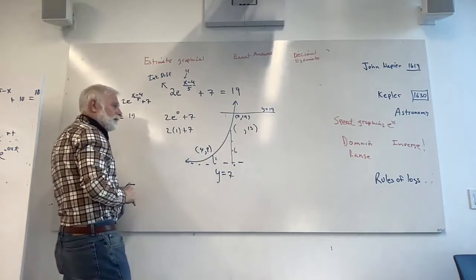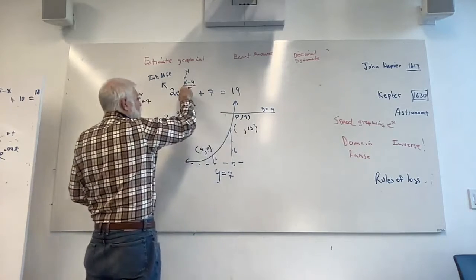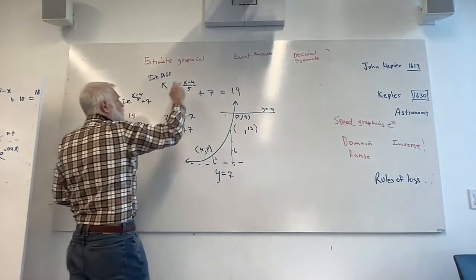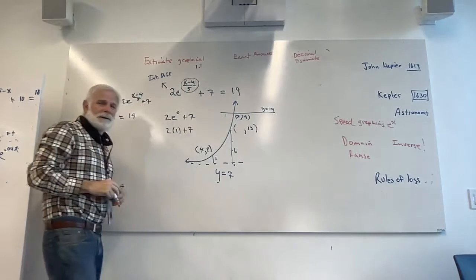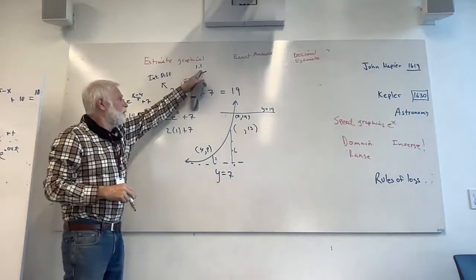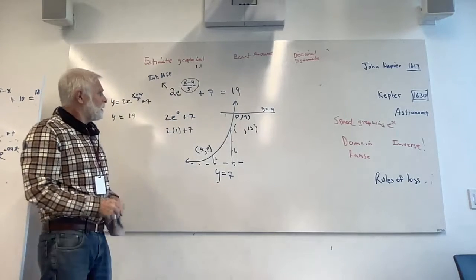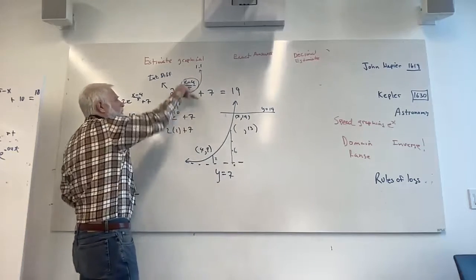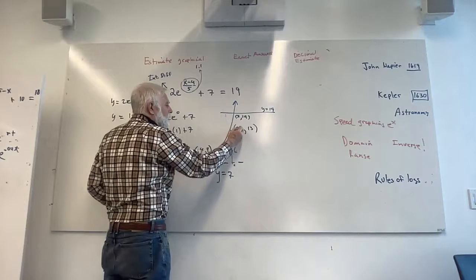The next one should be 13 if I pick the right number. Do you remember the right number? The right number is what makes the exponent 1.1, because e to the 1.1 is 3, and I'm going to triple the size of this initial jump. So 5 times 1.1 is 5.5, plus 4, 9.4.